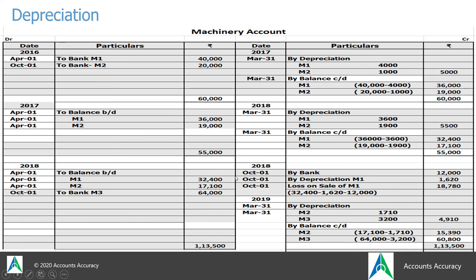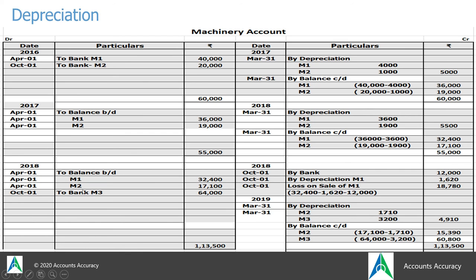Remember, first the depreciation will be deducted and after that we will deduct the amount received on sale. Then it is easily understood whether the machine was sold at a profit or loss. As the balance of 18,780 was not recovered, that is the loss on the machine.